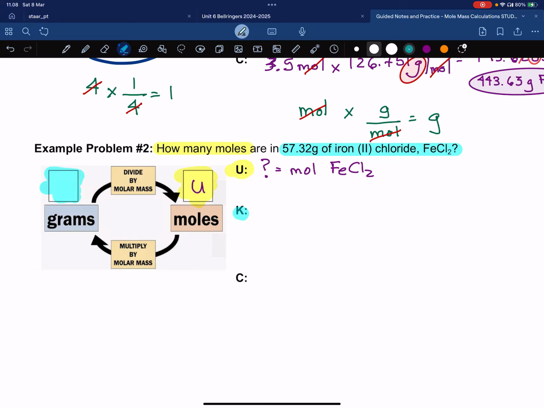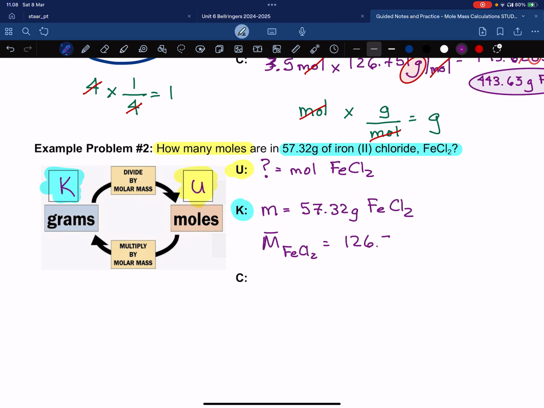So we have two knowns: the mass is 57.32 grams iron chloride, and the molar mass of iron chloride, just as it was before, is 126.751 grams per mole.